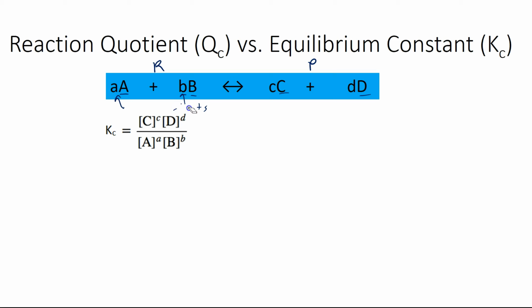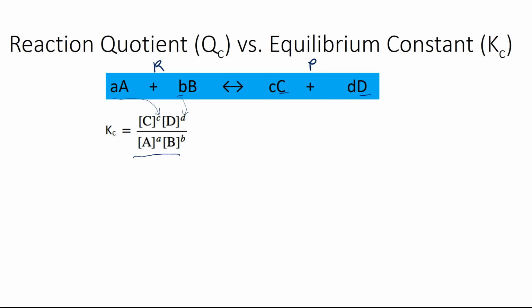I put the little c next to K now because I did mention in class the other day that we're talking about equilibrium in terms of concentration. Notice we have our reactants on the bottom and our products on top, and then our coefficients become our exponents. That is stuff you already know.